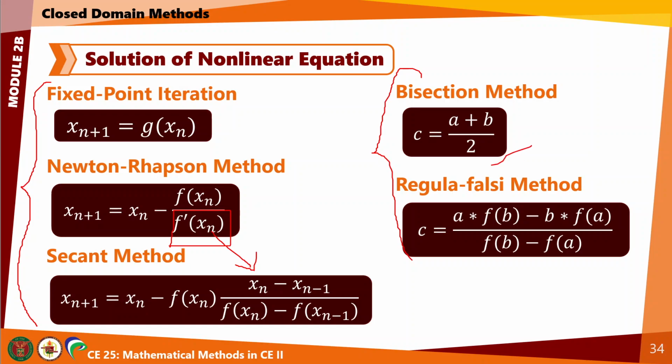Okay, pero yung next interval na yun, yung isang point is always yung mga c, which have various formulas. Sa bisection method, yung midpoint lang ng interval, pero sa regular falsi method, ito yung x-intercept ng line connecting the endpoints.